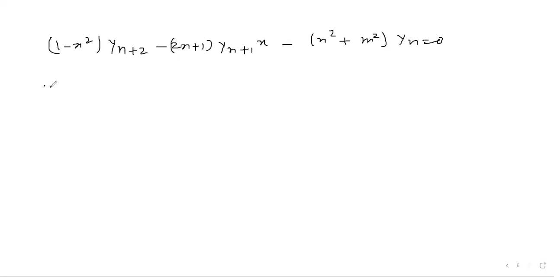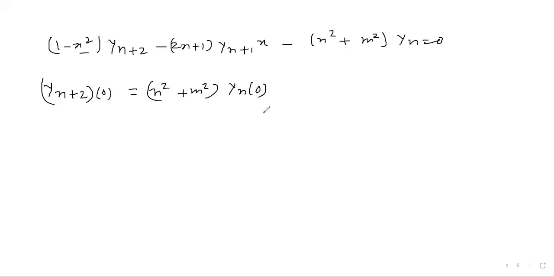Now we are going to get y(n+2)(0), which means we put x equal to 0. So this term will become 0 and we will get this yn(0). So y(n+2)(0) is equal to (n square plus m square) times yn(0). Here this term is shifted to the RHS.